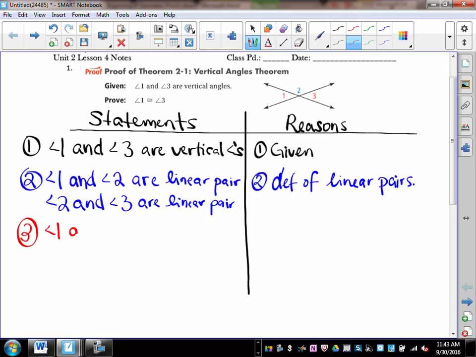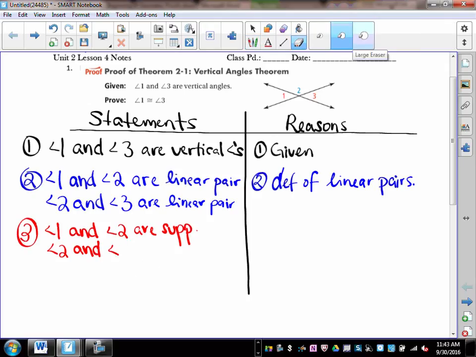So now I can go ahead. Angle 1 and angle 2 are supplementary. I'm fine with you saying sup. Angle 2 and angle 3 are sup. And how do we know that is true?